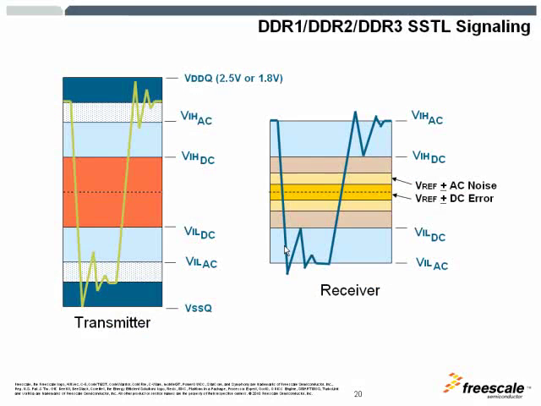Here's a diagram of the transmit and receive, and as you can see, all the voltages that were defined in the previous table are depicted here to show what each of those values or parameters indicate. Again, if you pay attention to the VREF on the receiver, you can notice that there's a DC component and an AC component that needs to be followed, and the limits need to be maintained.